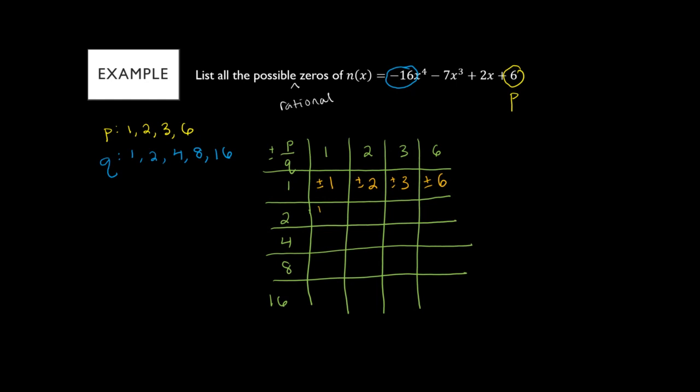Then we've got 1 over 2, so that's 1/2. 2 over 2, which is 1. So sometimes I don't even write it down. I kind of simplify it as I go and say, okay, I already got that one written down. 3 over 2 is a new one. And then 6 over 2 is 3, so that doesn't need to get written down.